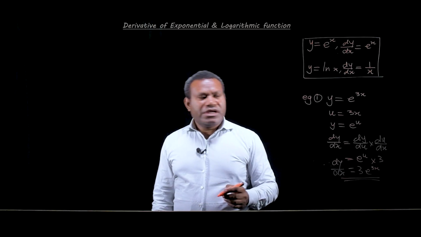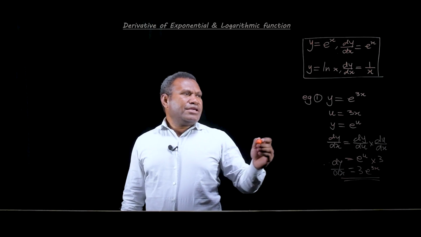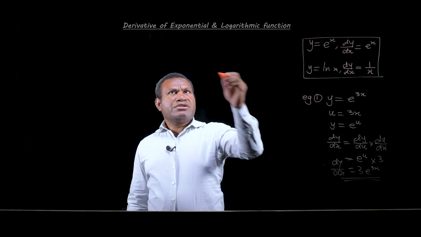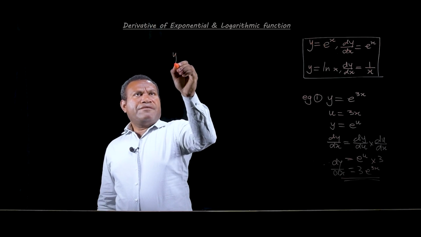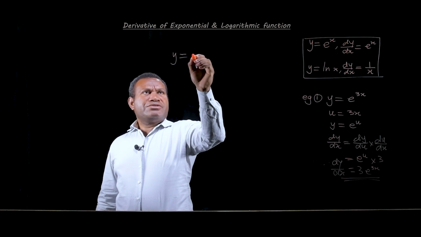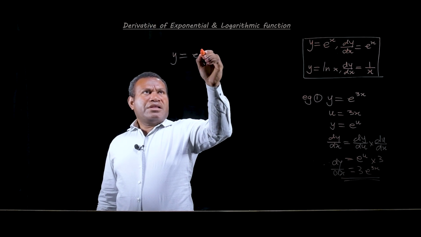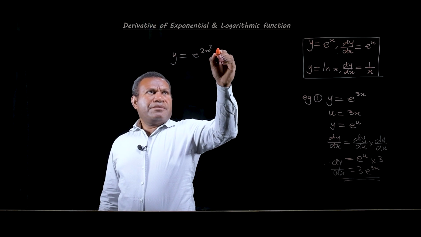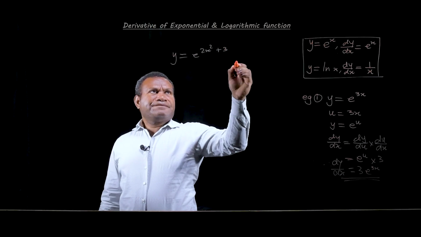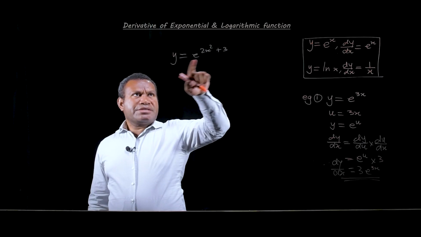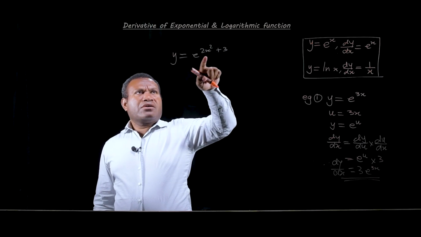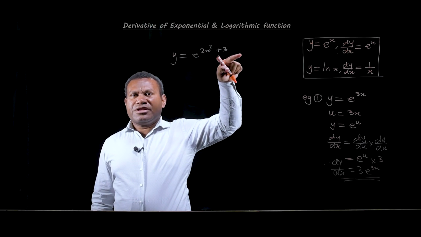Now let's take a look at another example. Let's say this is example A, so let's take a look at example B. If I have the function y equals e raised to the power of 2x squared plus 3, I see that this exponential function contains another function in the exponent.